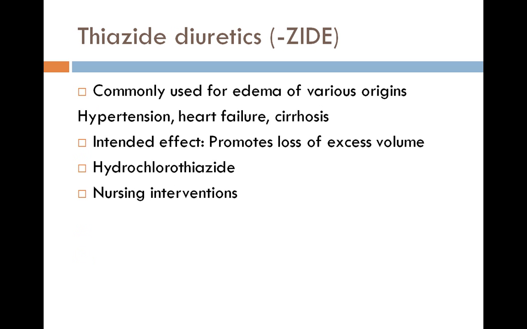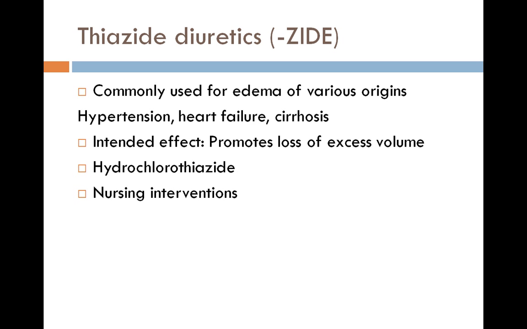Thiazide diuretics end in ZIDE and are commonly used to treat edema of various origins. We may see them used for the treatment of hypertension, heart failure, and cirrhosis. The intended effect is that they're going to promote the loss of excess fluid volume.